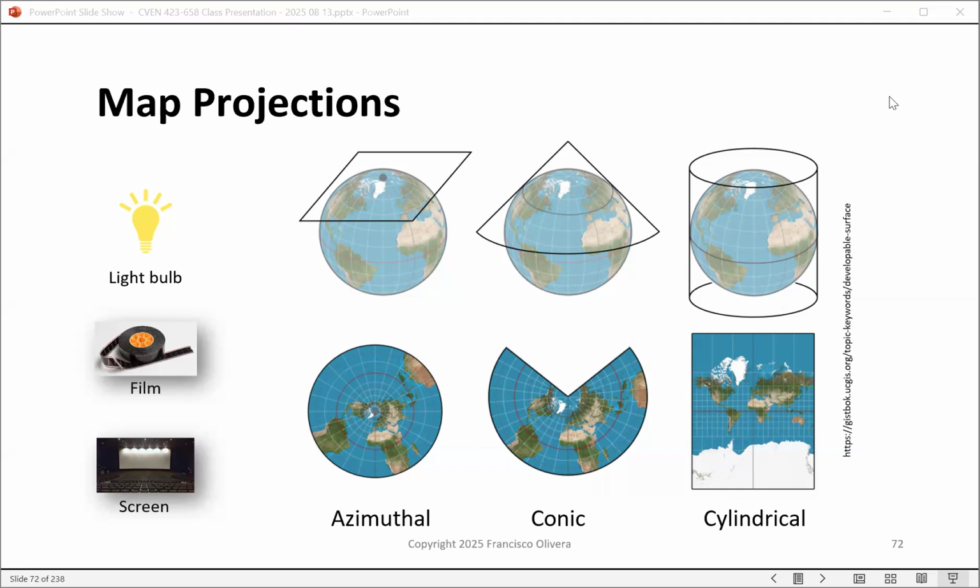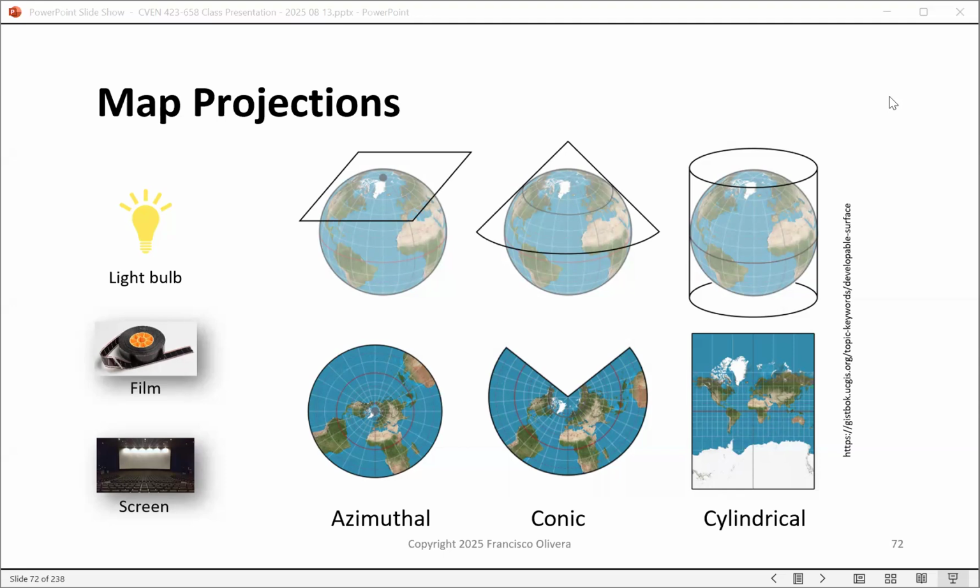If that angle is very small, the parallel of tangency is going to be close to the equator. So the geometry of that cone is going to change depending on the angle of the cone, or another way of saying the same thing would be depending on what is the parallel of tangency.